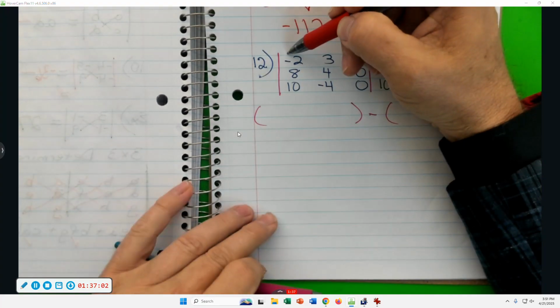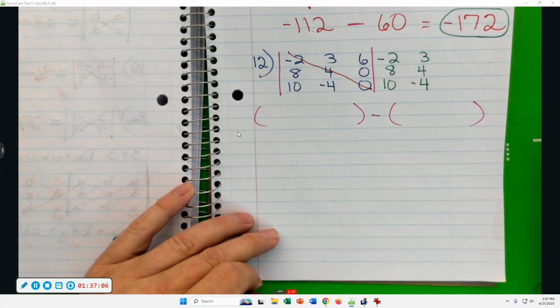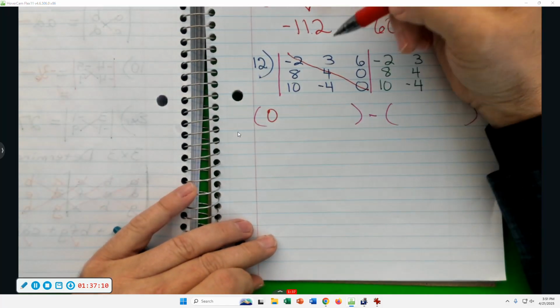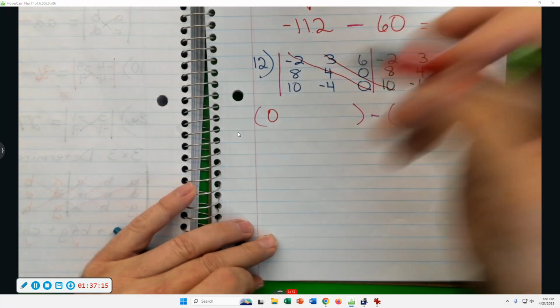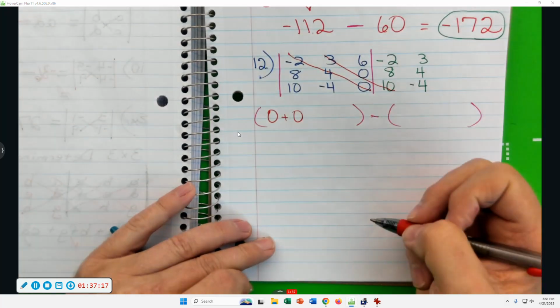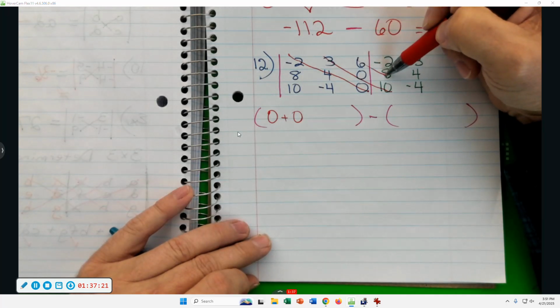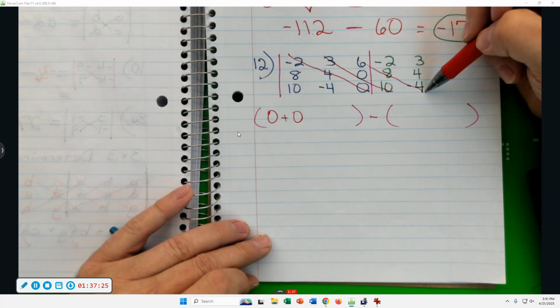Negative 2 times 4 times 0 gives me 0. That's why I like the zeros. 3 times 0 times 10, another 0. So 0 plus 0. 6 times 8 times negative 4.